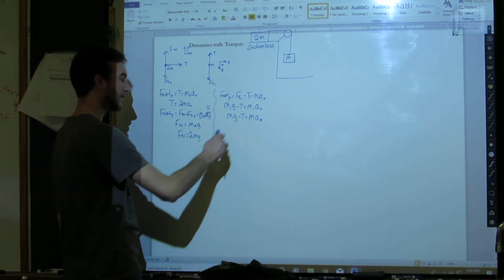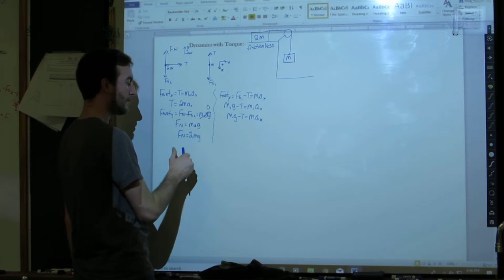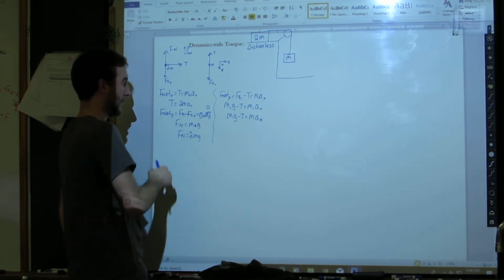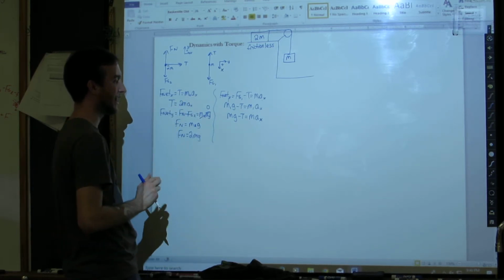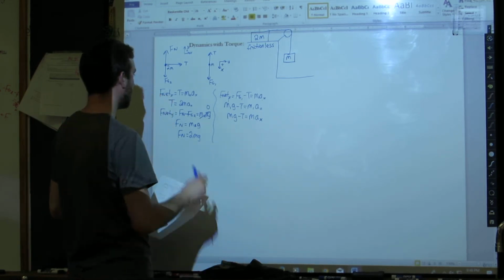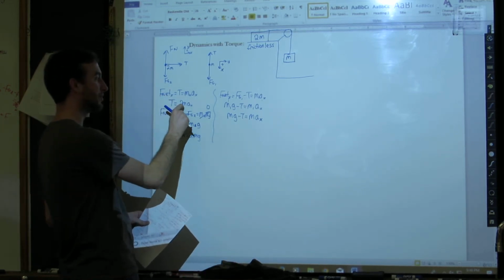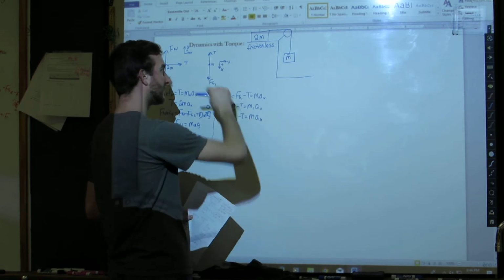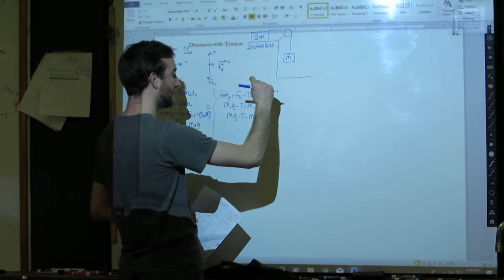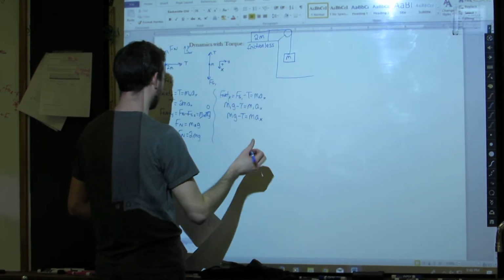So what we have right now is a situation where we have two unknowns, two equations. We don't know the acceleration, we don't know the tension, but we can solve for those things. I already know that the tension is equal to 2m ax, and with the assumption that tension is the same everywhere in this string, I can make this substitution.